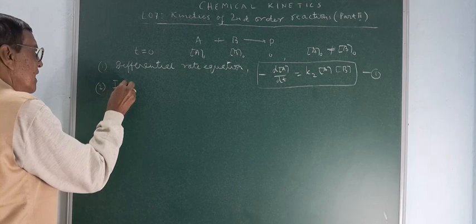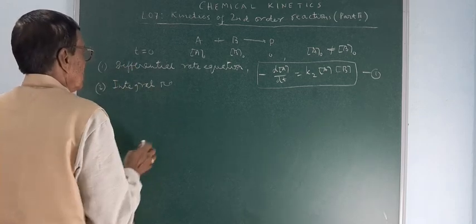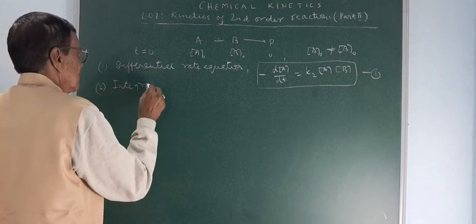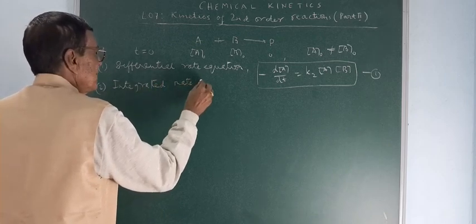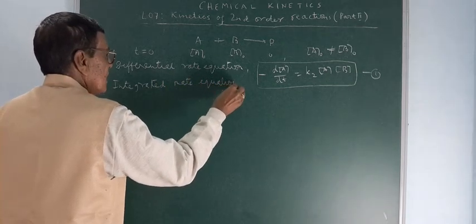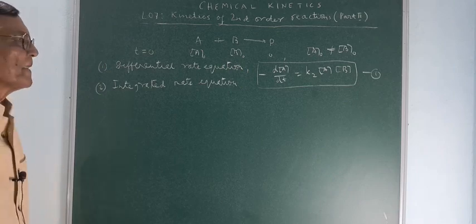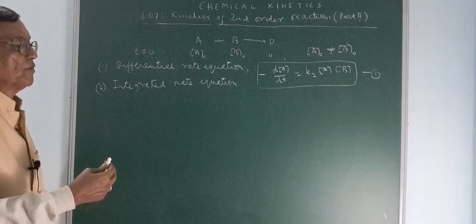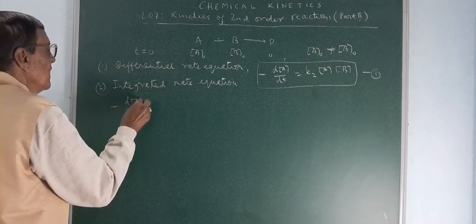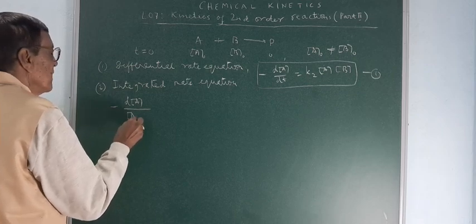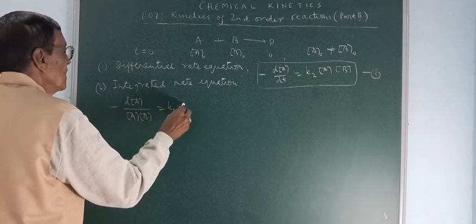Now we have to find the integrated rate equation. It is formulated in the following way. First, I have to do the separation of variables: minus dA divided by concentration of A times concentration of B equals K2 dt.